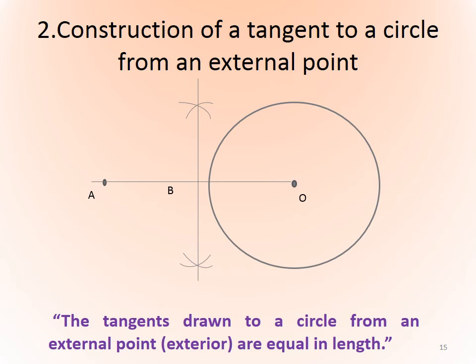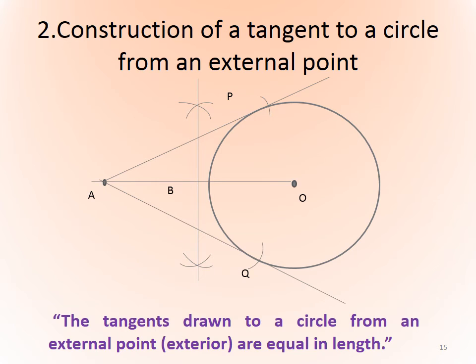Then, taking B as the center and BO as the radius, draw two arcs which intersect the circle. Name the two points of intersection as Q and P. Draw the lines AP and AQ. Did you see?